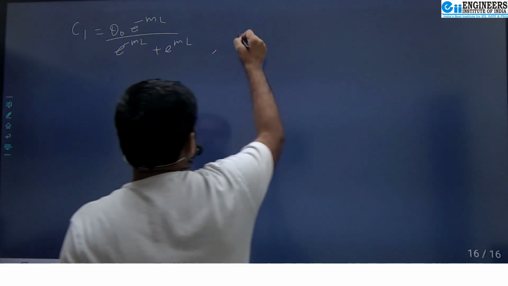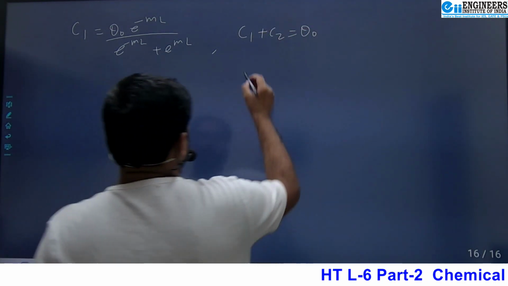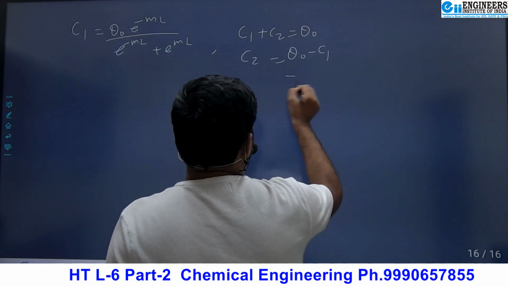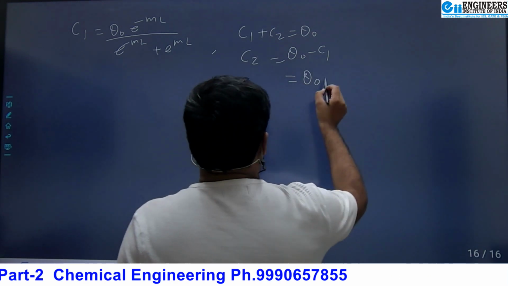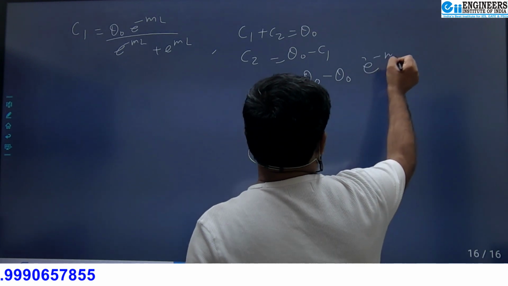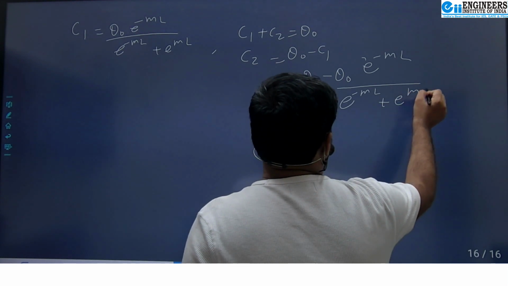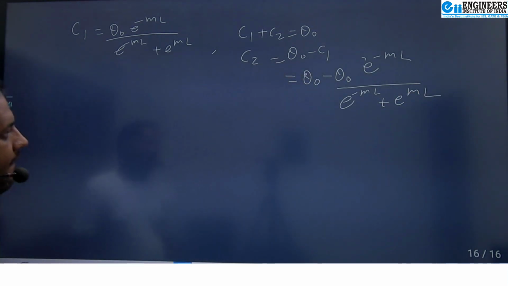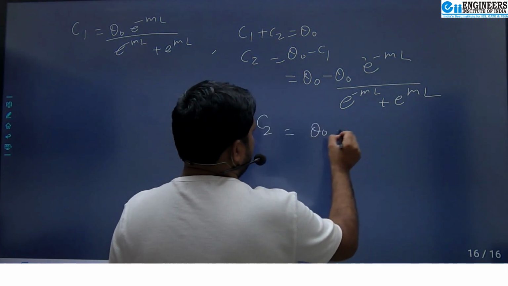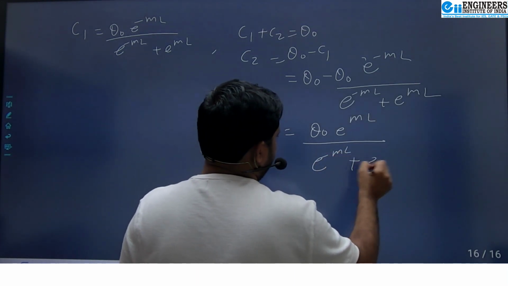But c1 plus c2 is theta naught, so c2 is theta naught minus c1, and then you get c2 is theta naught e power ml upon e power minus ml plus e power ml.